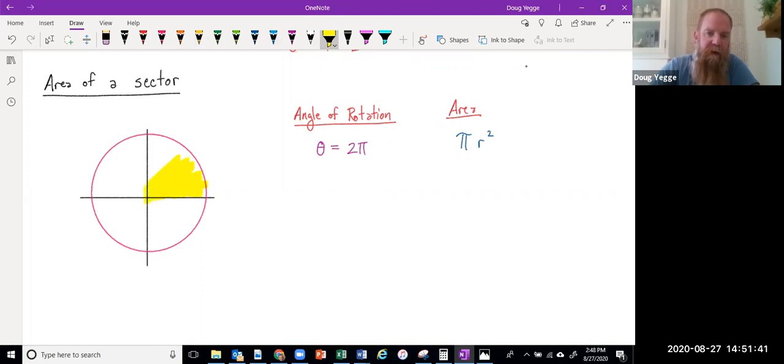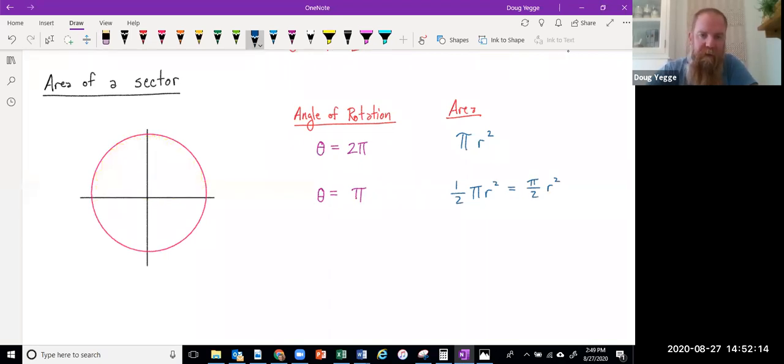So notice that for half of a circle, we're rotating around so that the angle is just pi. And so for half of a turn, theta is equal to pi. And so now the area of the portion of the circle is going to be half of pi r squared. Or if we want to combine the half with the pi, we could rewrite it as pi over 2 r squared.